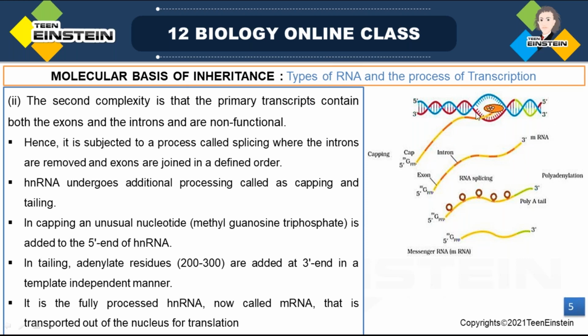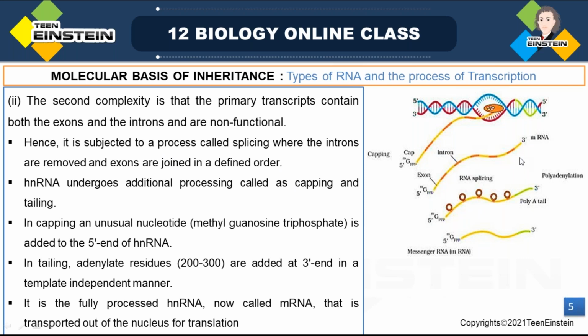You can see here the primary transcript that will be having exon and intron. Exon is the coding region, intron is the non-coding region. So if you remove the non-coding region or the introns, the exons will get expressed, right? So it is subjected to the process called splicing. In splicing, the introns are getting removed and exons are getting joined, in a particular order.